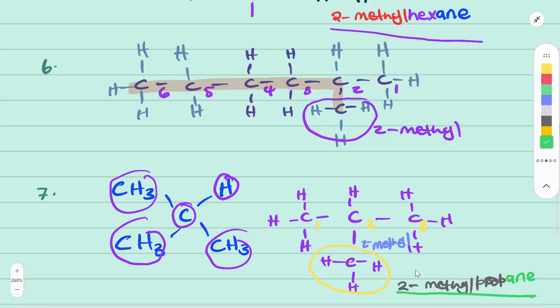So that's basically how you would do it when it comes to your alkanes. Alkanes are very simple to name, guys. Please do not complicate it. So go with me as we do the alkenes in the next video. Thank you.